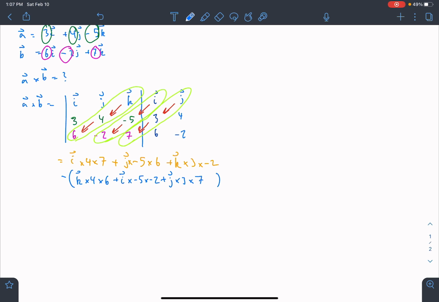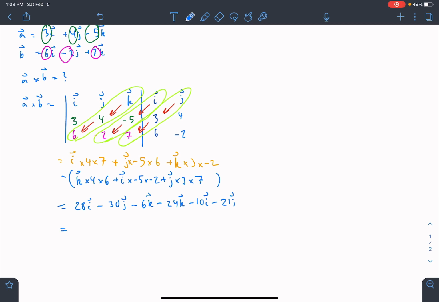And now once you have this, it's a simple case of simplifying the expression and then adding up all the components. So let's do that real quick. So we get this equals 28i minus 30j minus 6k, and then minus 24k, minus 10i, and minus 21j.